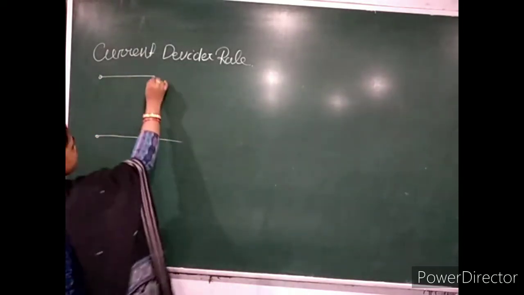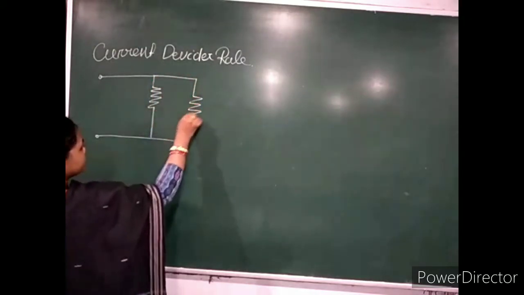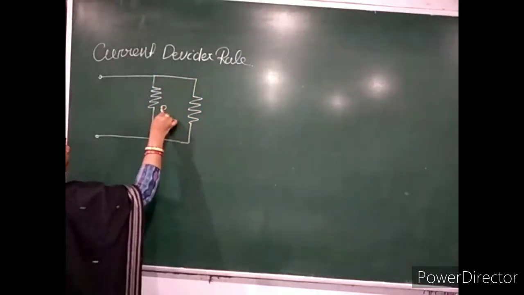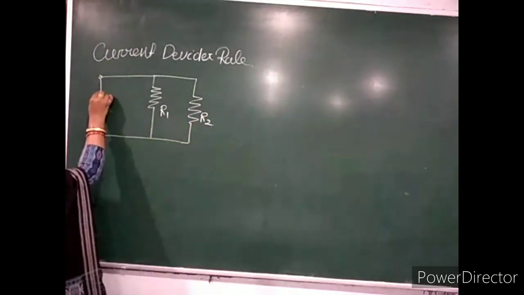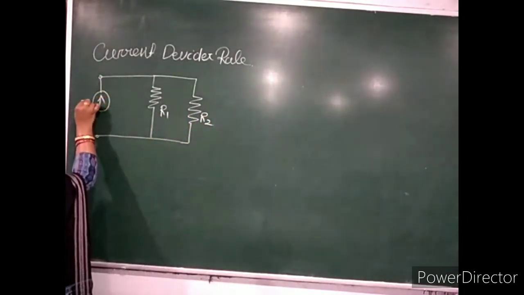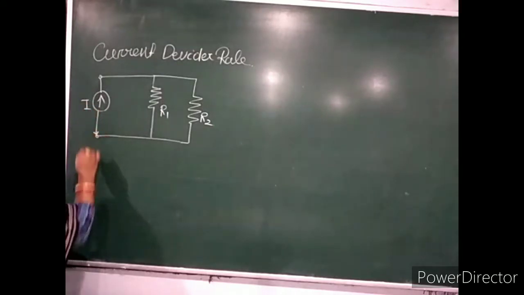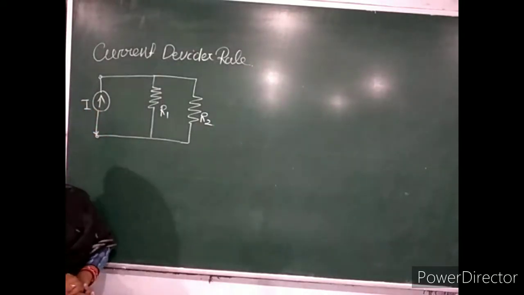Here we take two resistors R1 and R2 and connect them across a current source having the magnitude I. As the name current divider rule suggests, the currents are divided, and by using that rule you find the current through each branch connected in parallel.